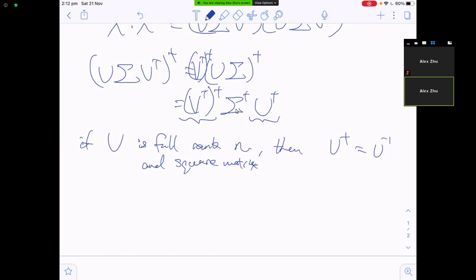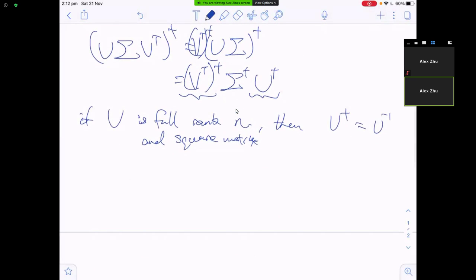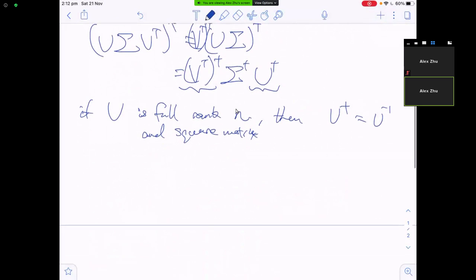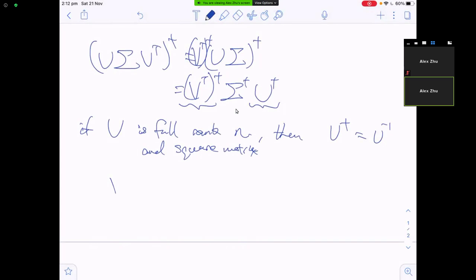There's a strict inverse for a square matrix if it is full rank. So U pseudo inverse is just U inverse, and similarly V transpose pseudo inverse is just V transpose inverse.